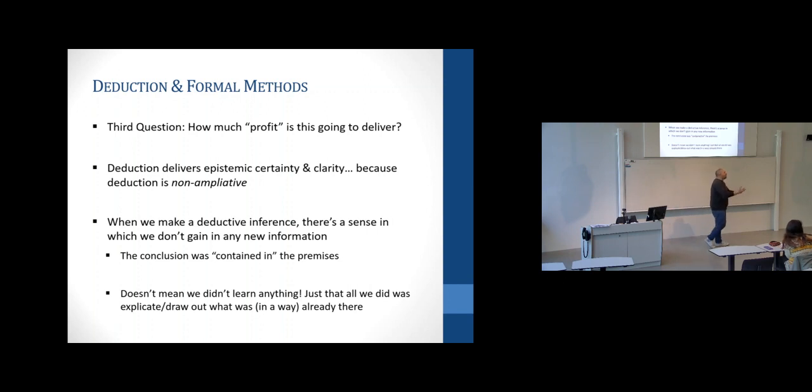This talk about new information is a bit slippery, because it could also be framing or presenting something in a new way. There are plenty of ways that you might learn something. But again, there's a sense in which there's nothing new. It was there in the premises the whole time, you just didn't see it yet. So goes the thought.